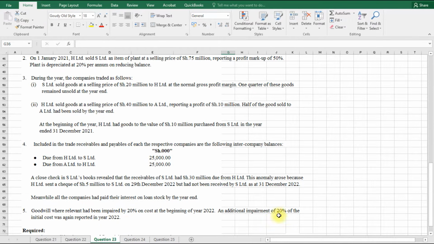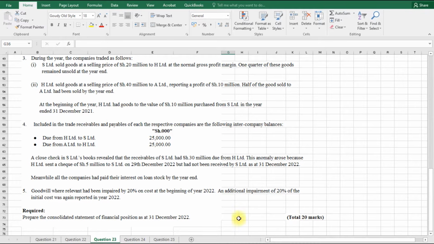So it means the cumulative impairment by the end of the year will be 40% of the goodwill, because from the time of acquisition until the beginning of 2022 it was impaired by 20%, and at the end it was impaired by 20%, so the total will be 40%. So prepare the consolidated statement of financial position as at 31st December 2022.